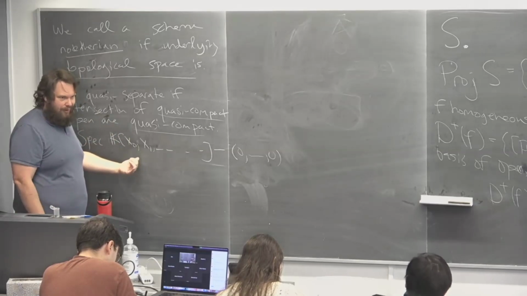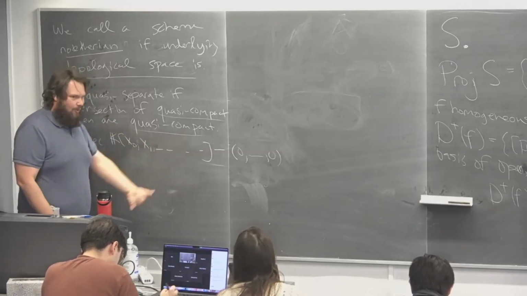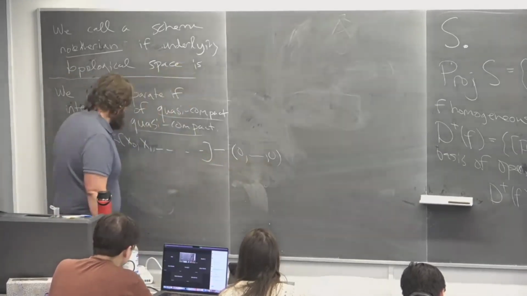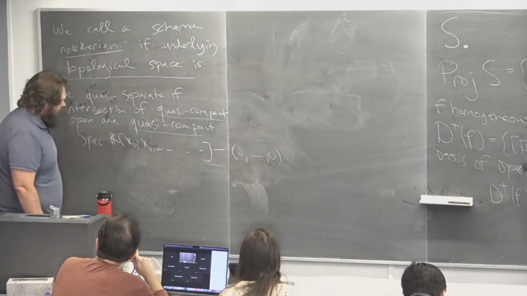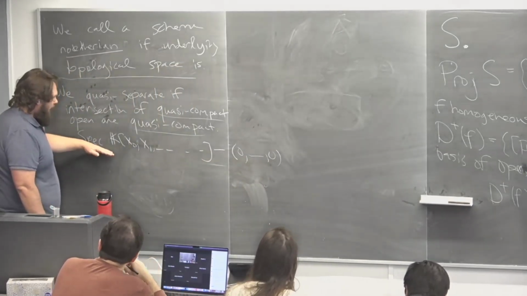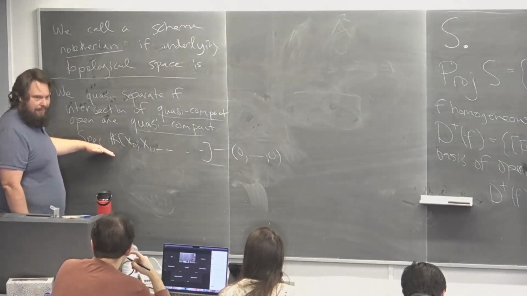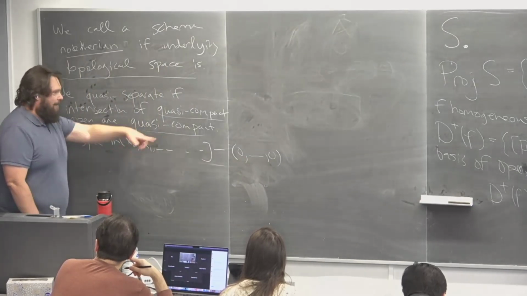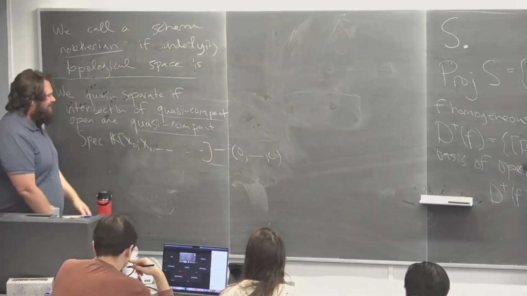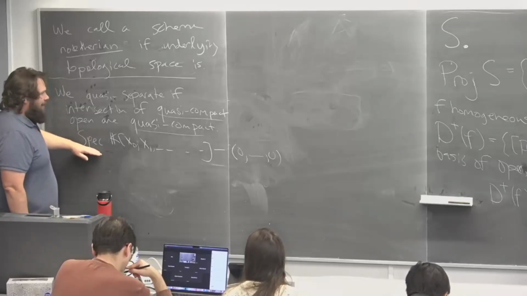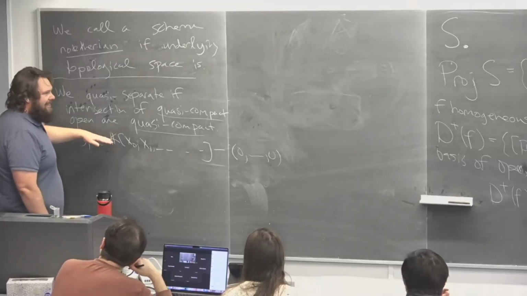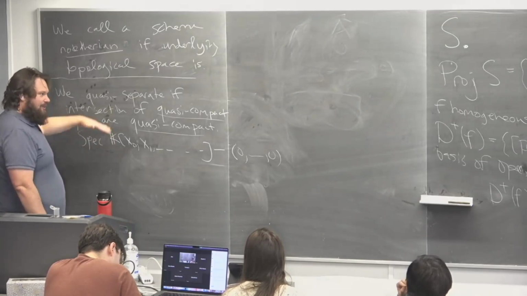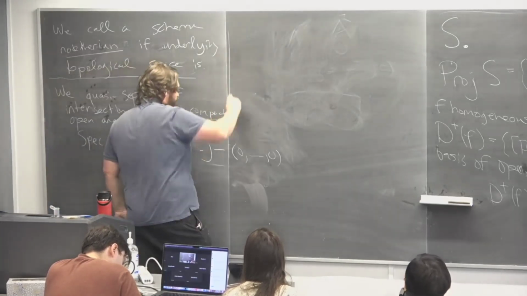Now that's not a finite cover, and you really need the guy where you invert all the coordinates, because I didn't tell you which coordinate wasn't zero. It could be any one of them. So if I double the origin in this guy, I have my two copies of spec. Spec of anything is quasi-compact, even something really horrible, but their intersection is this guy minus the origin. It's not quasi-compact. So this is mostly a lesson that if you say a scheme is anything that's locally isomorphic to an affine scheme, there is some really horrible stuff in there, and you need some extra hypotheses to avoid this dumb stuff.